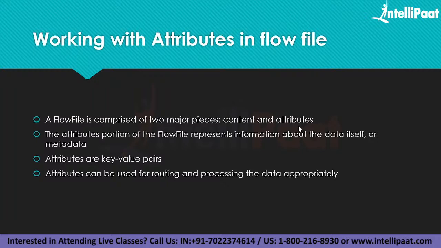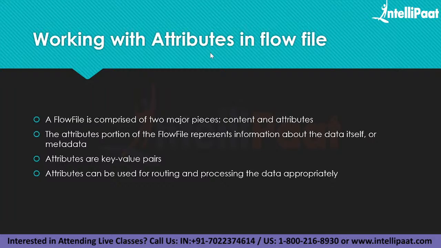What are those keys? What are those values? Some of them we'll discuss. Now, why are we discussing this topic? The important thing is using attributes. We can do a lot of data flow tweaking and a lot of decision making. As you see in the fourth point, attributes can be used for routing and processing the data appropriately, because we are getting information about the flow file metadata.